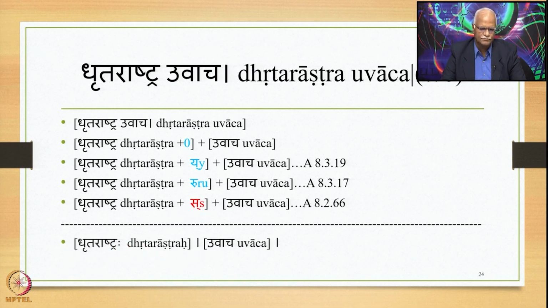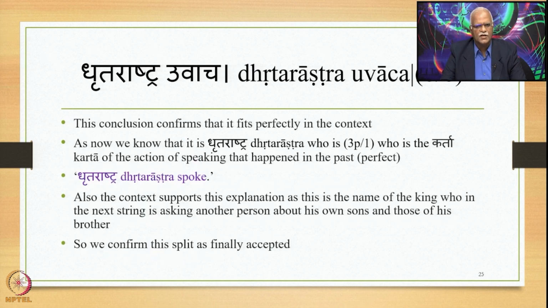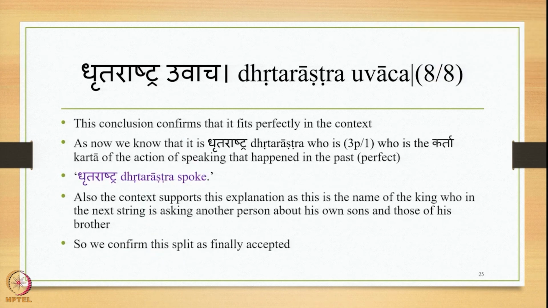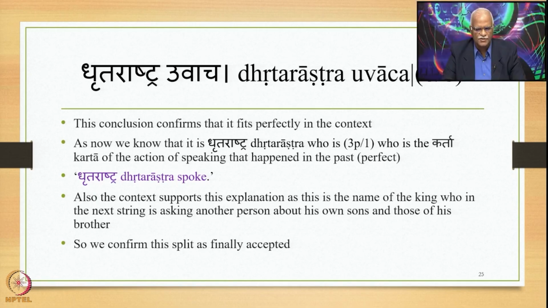So now, after having split this, we know that the two separated words are Dhritarashtraha and Uvacha. This conclusion confirms that it fits perfectly in the context, as now we know that it is Dhritarashtra, third person singular, who is the karta of the action of speaking that happened in the past perfect. So the meaning of the sentence is Dhritarashtra spoke.